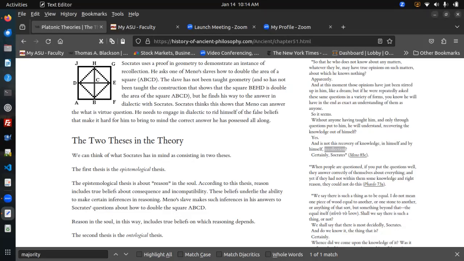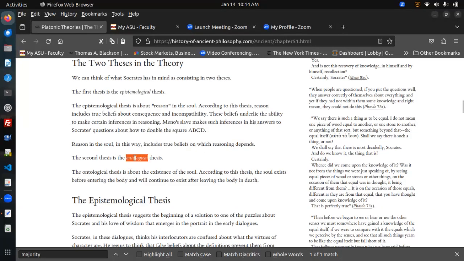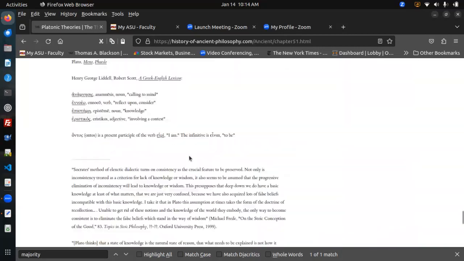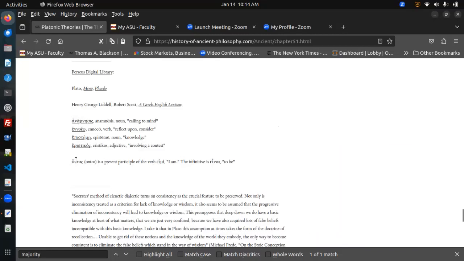Okay, so the theory of recollection has this epistemological thesis in it, and it also has an ontological thesis in it. And the ontological, like the epistemological, is really just taken from a Greek word. Let's see here, I'm pretty sure it's down here, we can see it. So here's the Greek word ontos, which is a present participle of the verb here, which means I am, and the infinitive means to be.